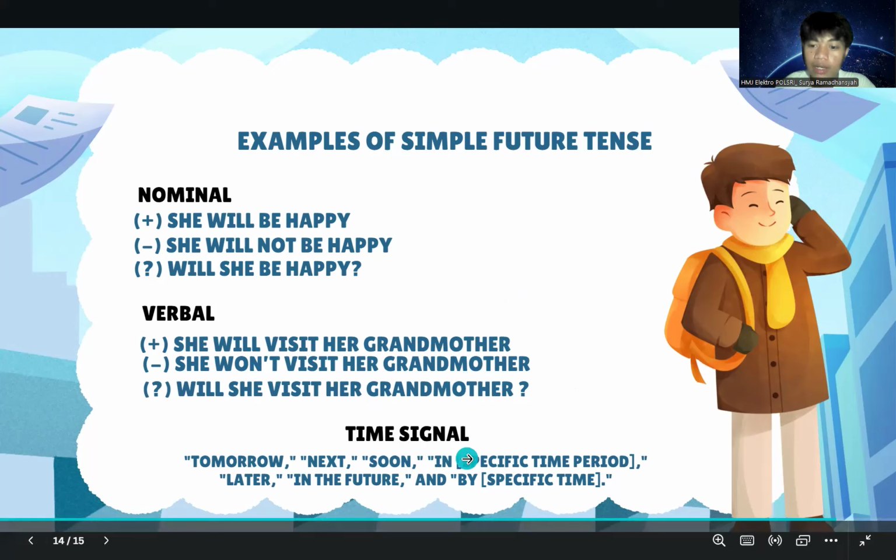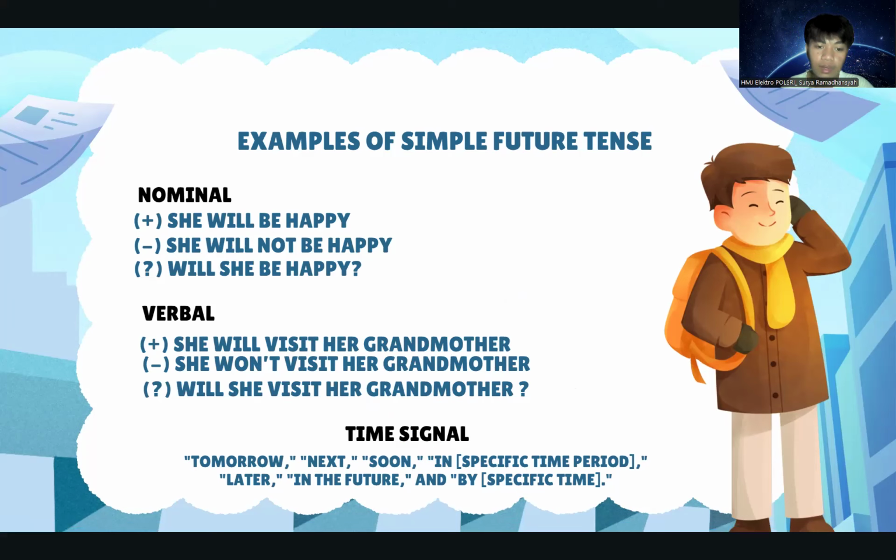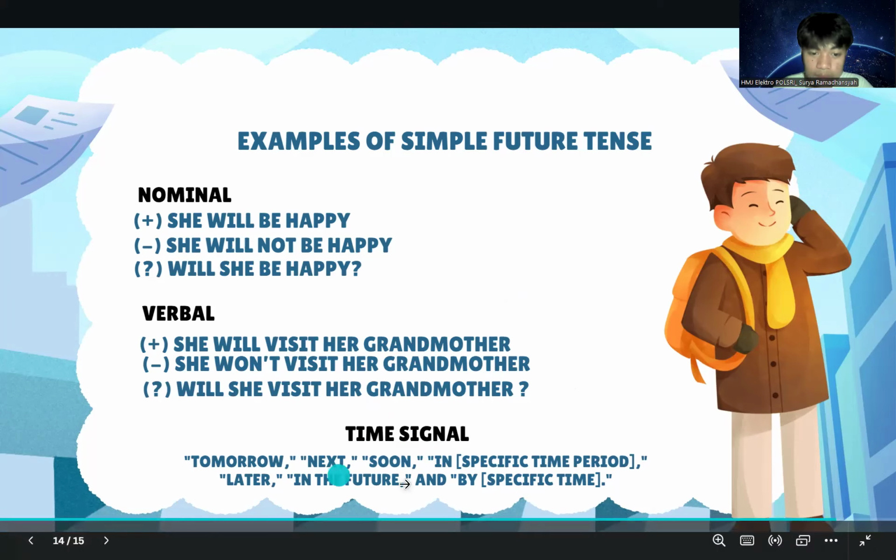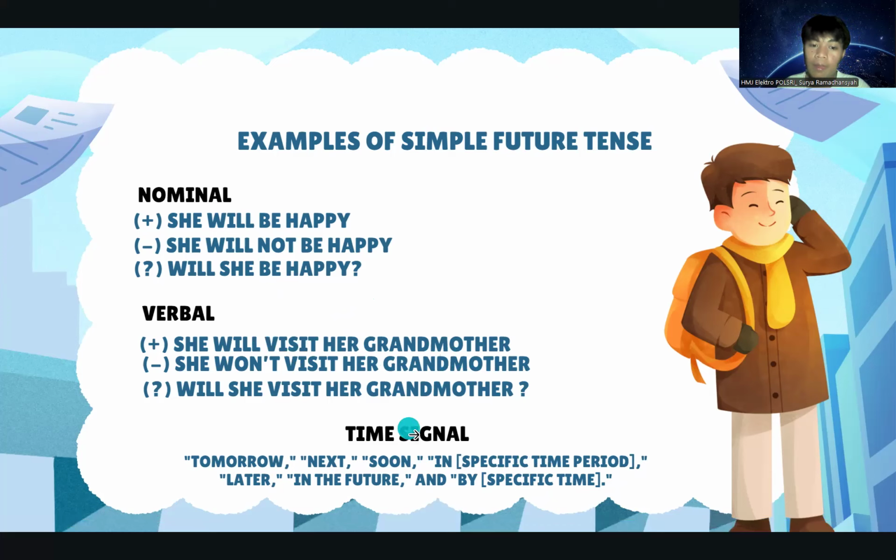And this is the time signals of simple future tense. Tomorrow, next, soon, in with the specific time period, later, in the future, and by with specific time. We can add some time signal in the last of sentence, in the end of sentence.